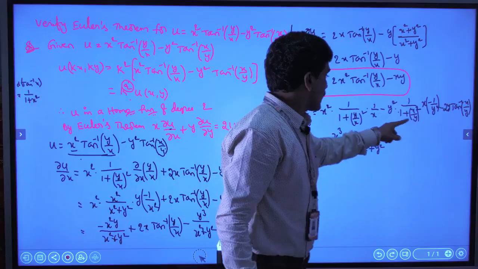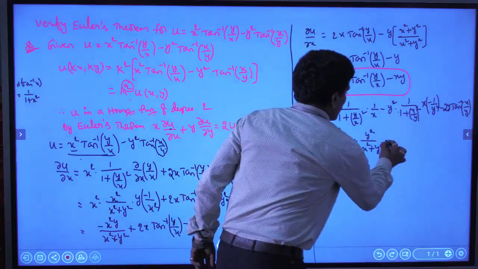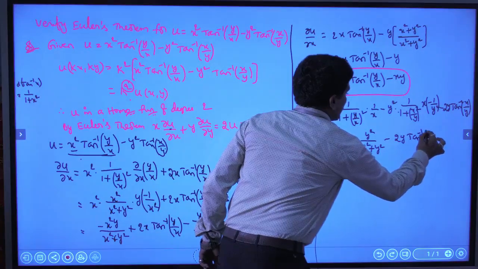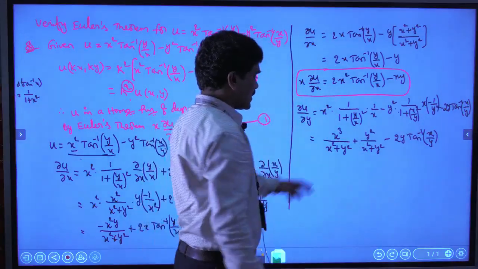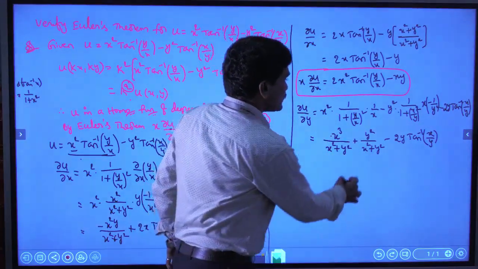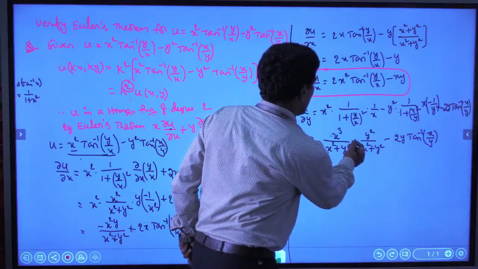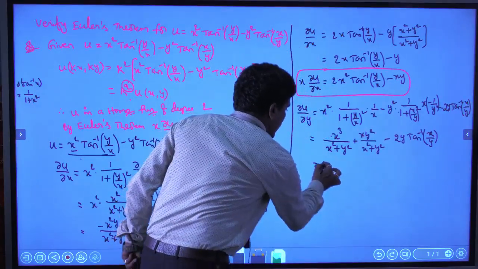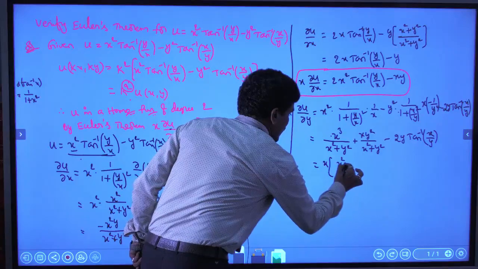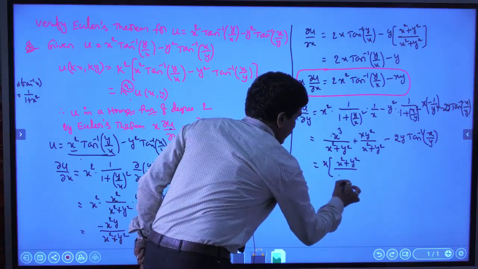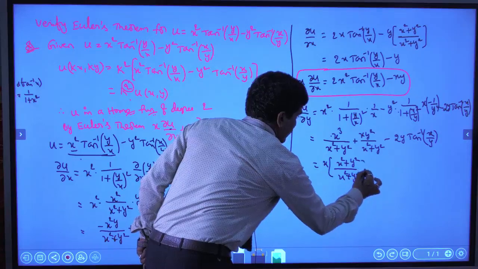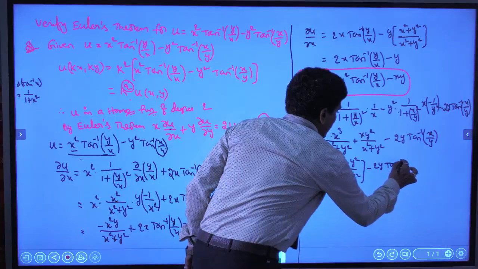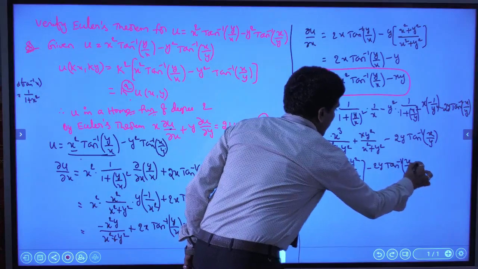So from these two, next minus 2y tan inverse x by y, right? Now what is common in these two? So again here also we have x, now take x common, finally we get x square plus y square by x square plus y square, from these two minus 2y tan inverse x by y, okay.